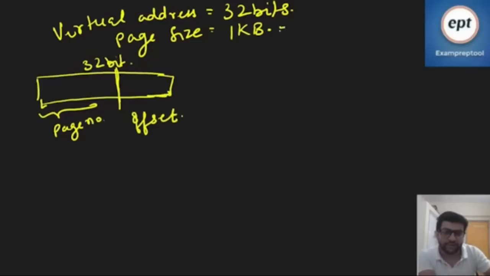So 1 KB is equal to how many bytes? It is 2 power 10 bytes, right? And for 2 power 10 bytes of page, how many bits do we need to represent it? We need 10 bits, right? And the remaining bits are the page number.